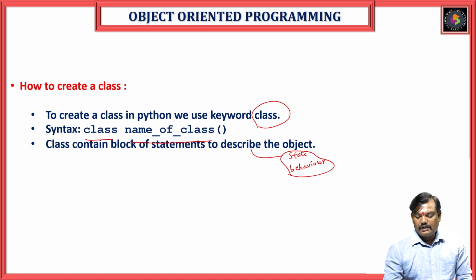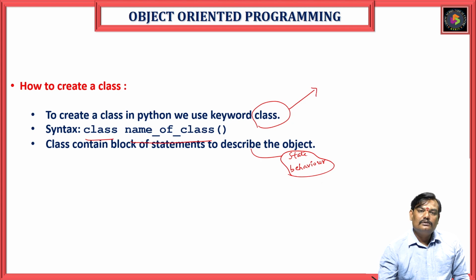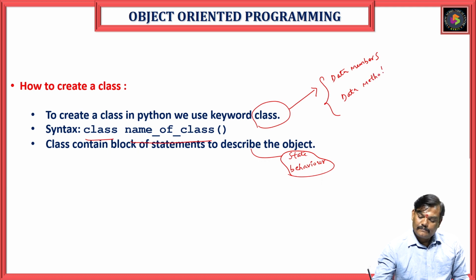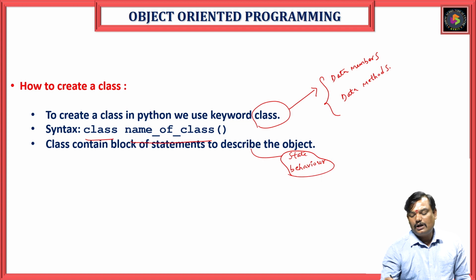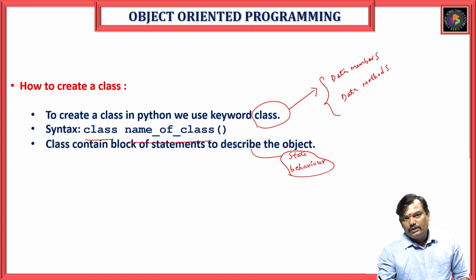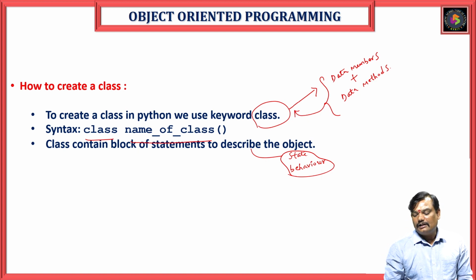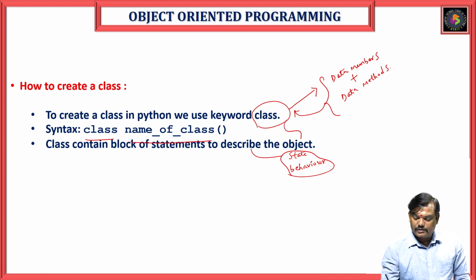By this we can understand that a class will always consist of two things. One is data members, and the other is data methods. Now see how we are going to link this. When you combine data members and data methods, which are put inside the definition of the class, that will tell you about an object.